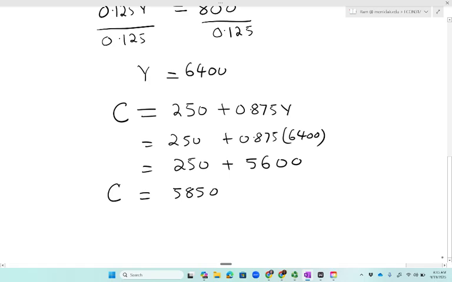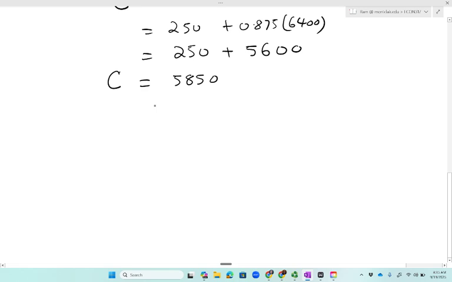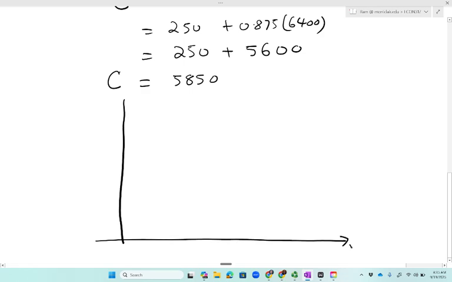We can also show this in a graph. First I will find out the GDP through the graph. We have seen before, I will draw a graph with Y on the horizontal axis and aggregate expenditure on the vertical axis.